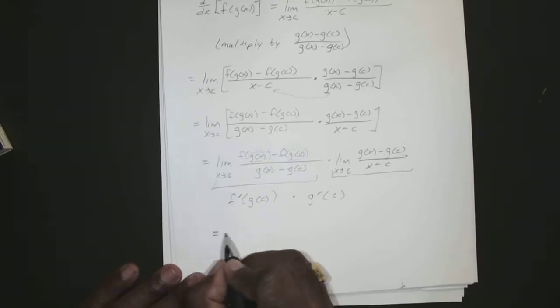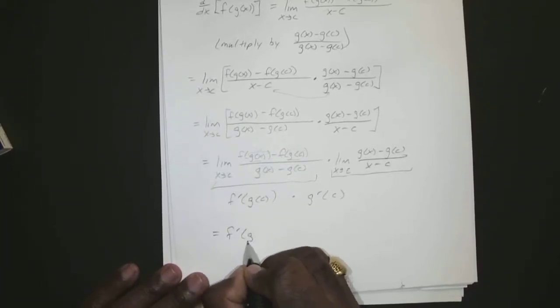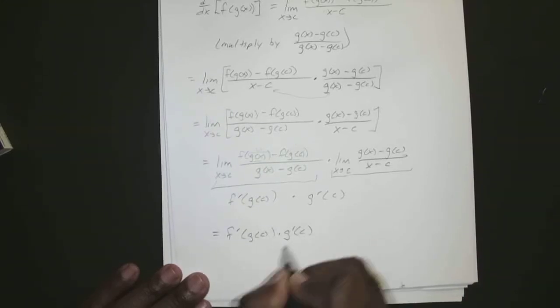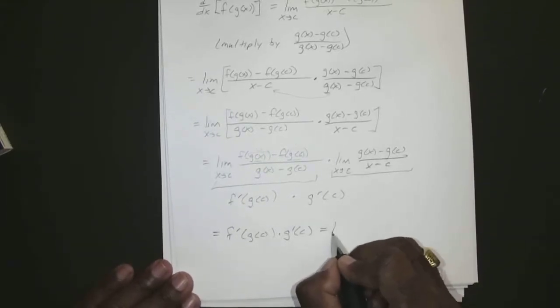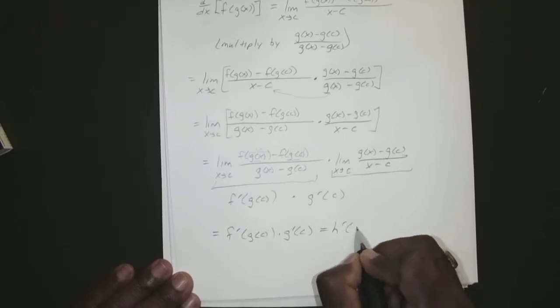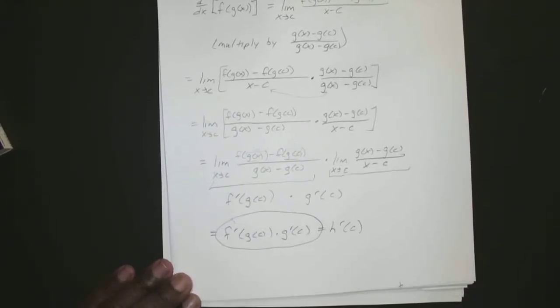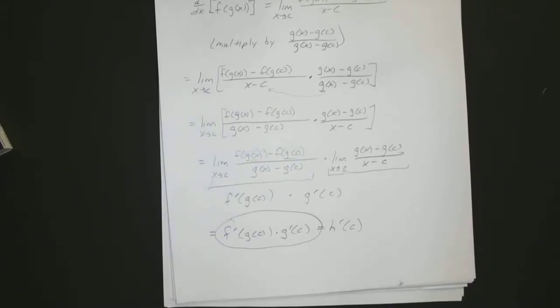So this actually just equals f prime of g of c times g prime of c, which is your h prime of c, which is just the derivative at some point c.